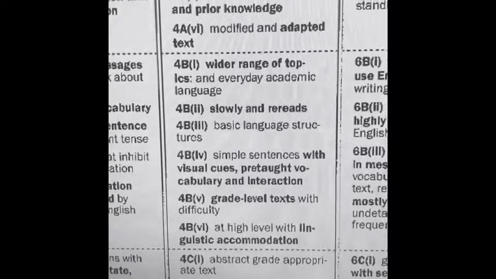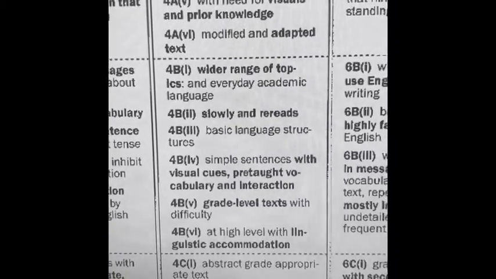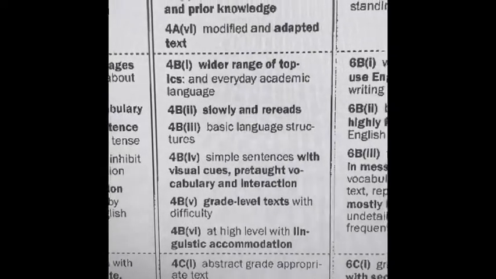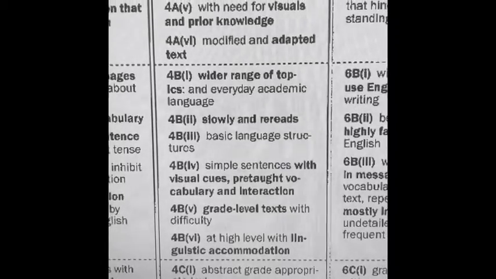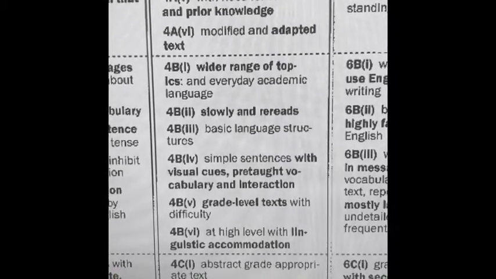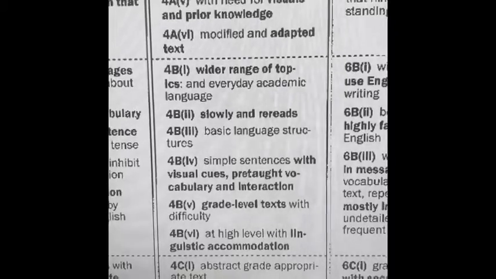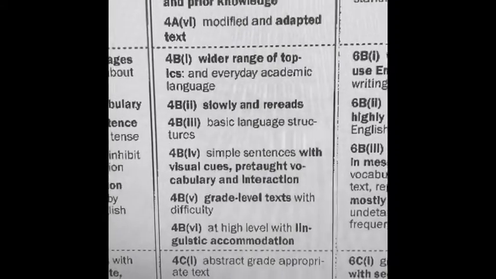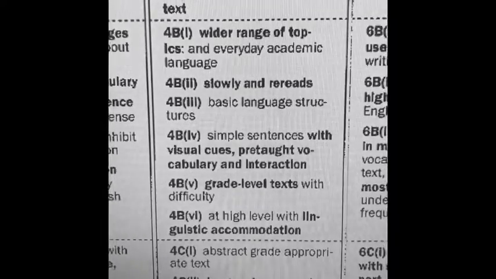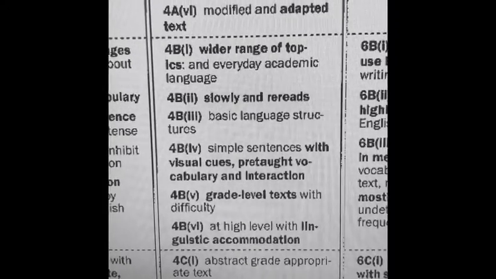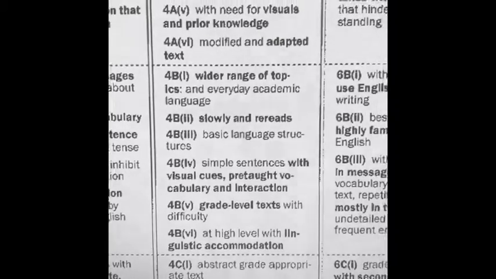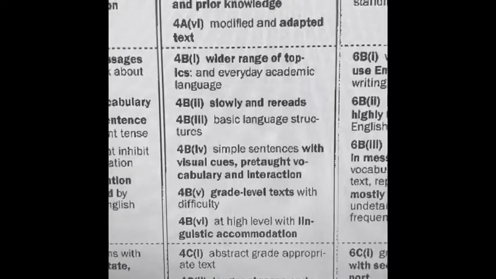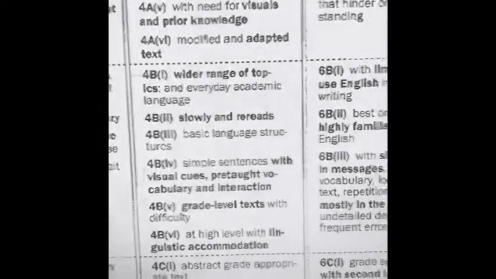A lot of visual cues help these students remember what they are being taught, and pre-teaching is extremely important, as they are more likely to retain information if something visual or pre-taught is associated with what they're learning. Grade level texts might be difficult because they're not on level. At the high level, there should be linguistic accommodations.